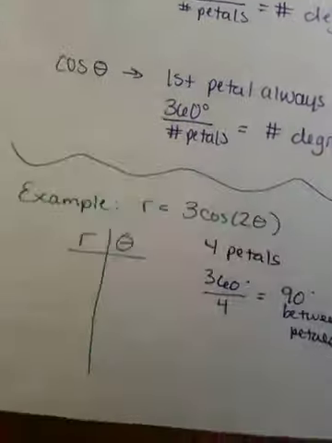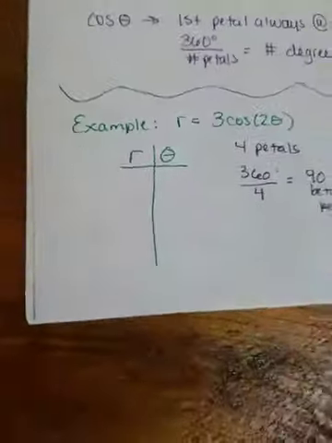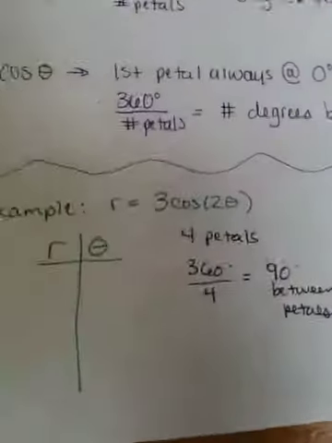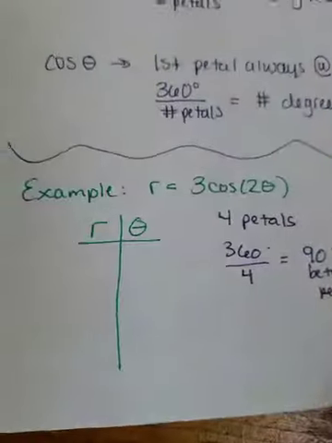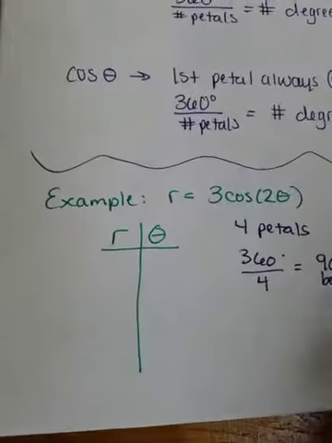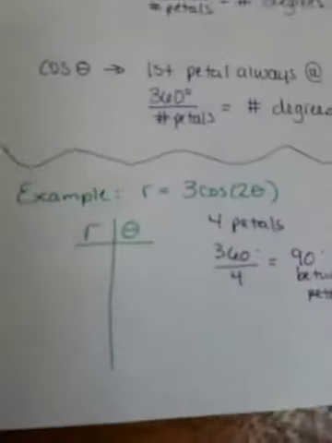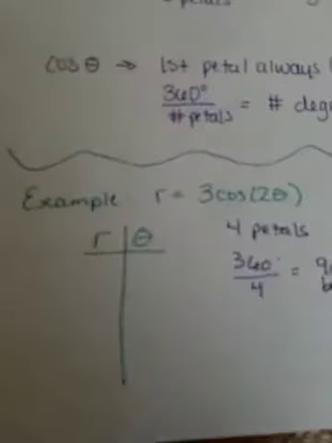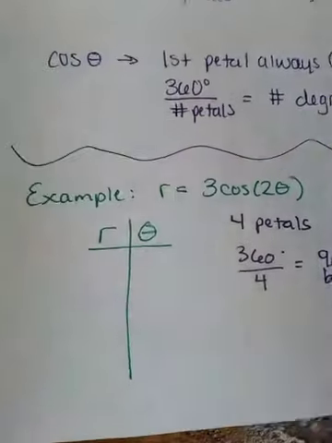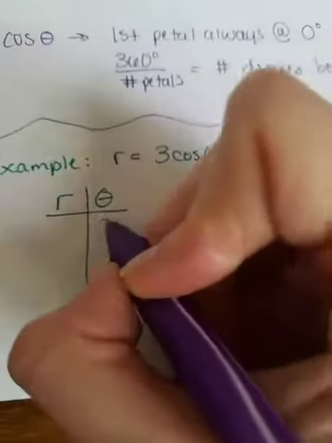So you might be like, well, you just told us this table isn't going to look like the others. Well, this one is, but it's not always going to be, like I said, 0, pi over 2, pi, 3 pi over 2, and 2 pi. It depends on where your first petal is and then what you are increasing by each time. So for this example, it's cosine, so you're going to start at 0 degrees, or 0 radians.